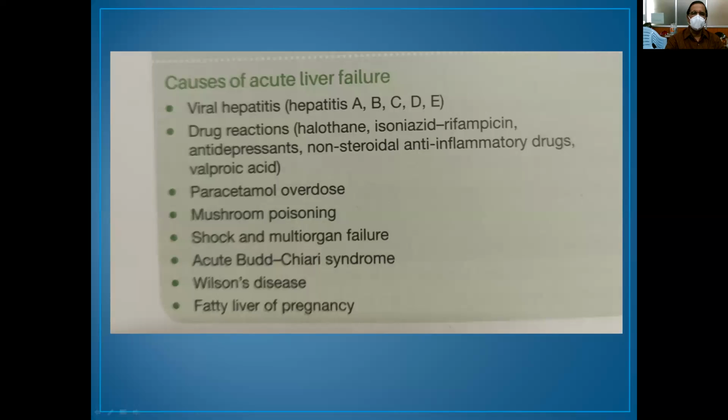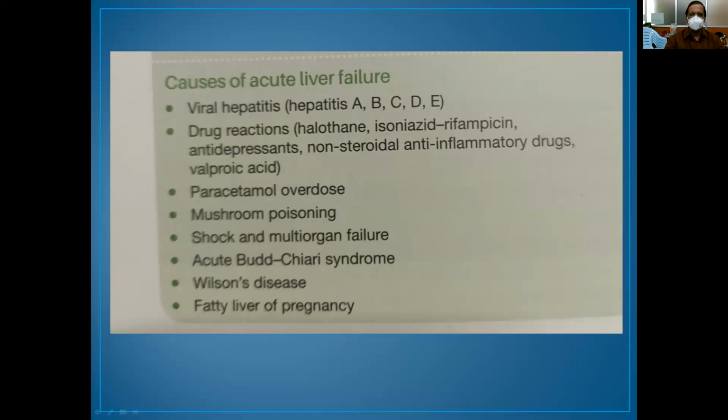And causes of acute liver failure: that is viral hepatitis. When it is fulminant hepatitis, it leads to acute liver failure. And some of the drugs, particularly halothane, general anesthesia, and post-operatively the patient develops jaundice, and anti-tuberculous drugs like isoniazid, rifampicin, and some of the antidepressant drugs and non-steroidal anti-inflammatory drugs, even sometimes post-operatively for relief of the pain.